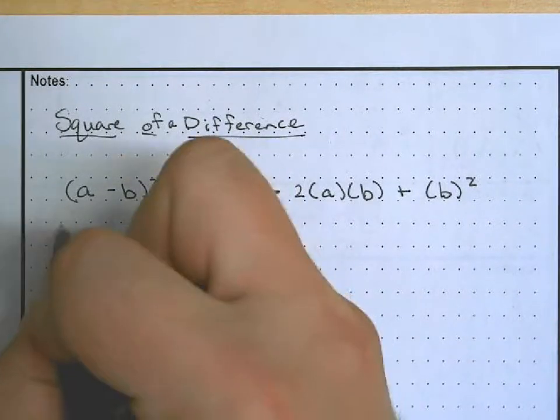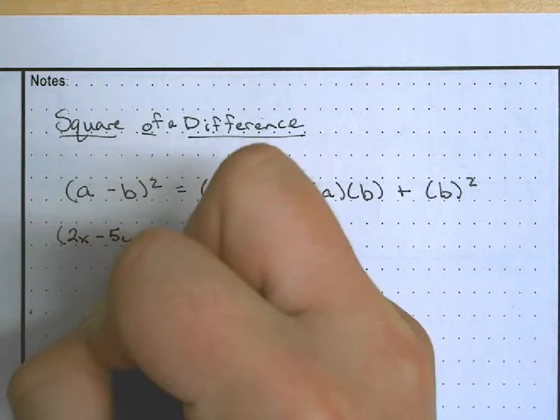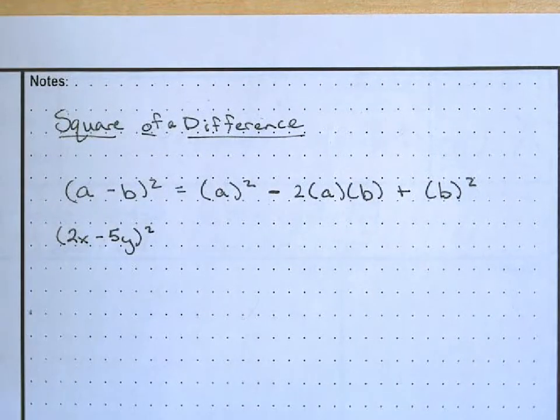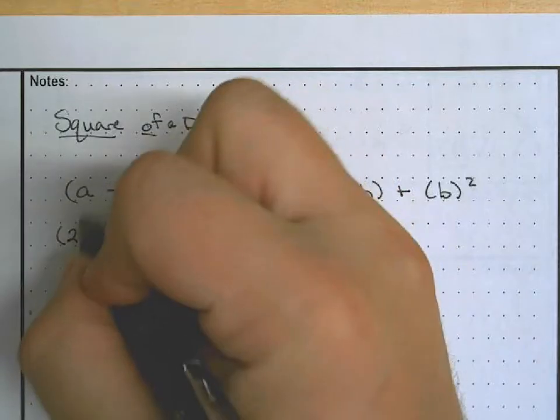So let's look at an example. I have 2x minus 5y squared. Here's my a term, here's my b term.